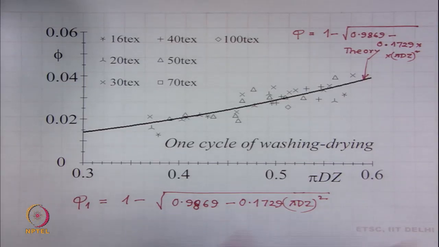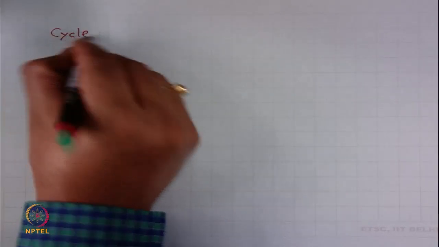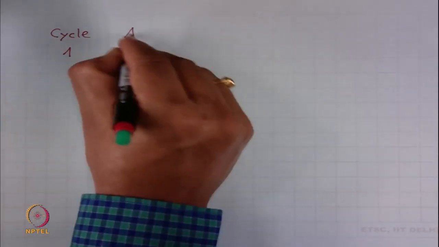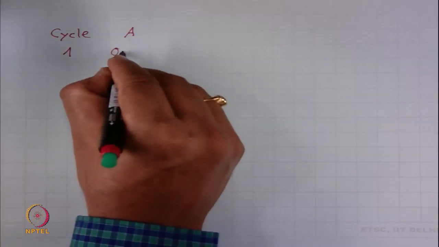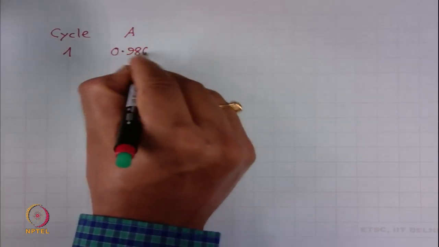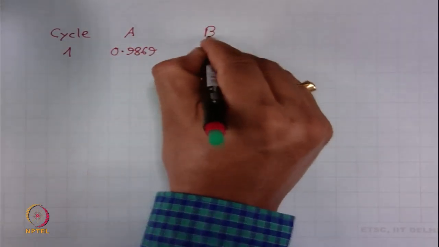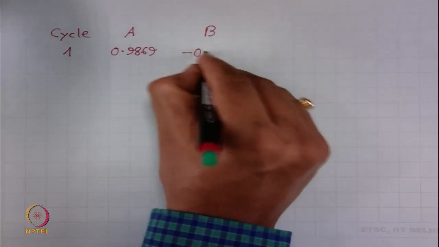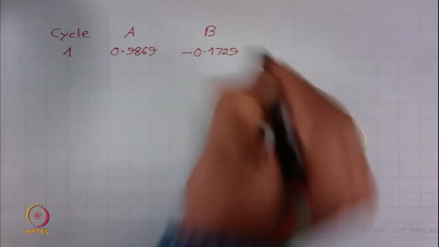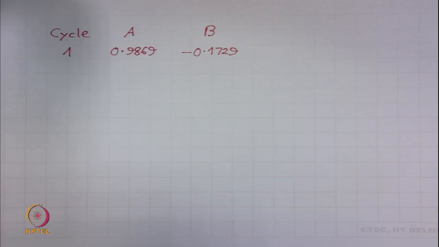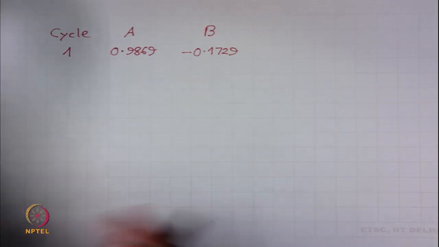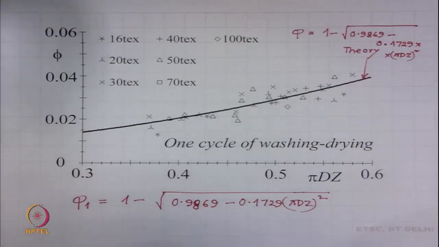So, for cycle 1, what is the value of A? The value of A is 0.9869. What is the value of B? The value of B is 0.1729, right, for cycle 1.